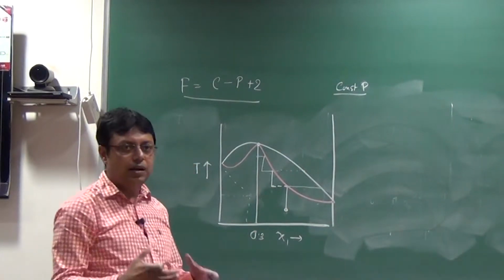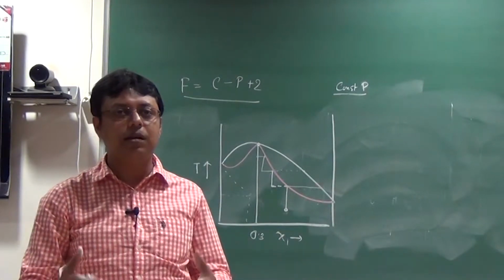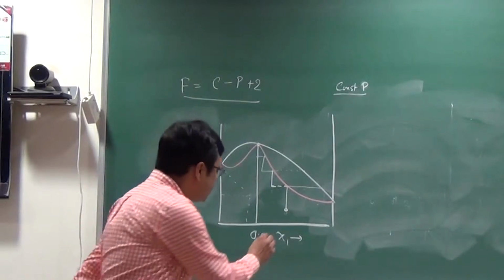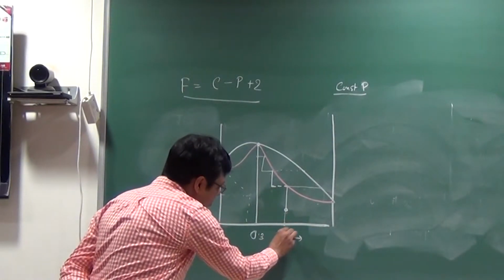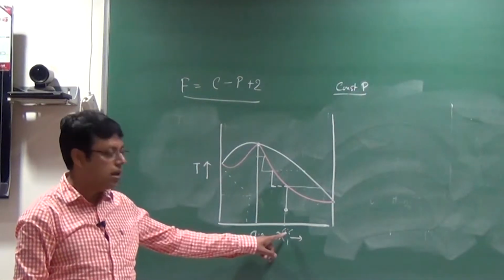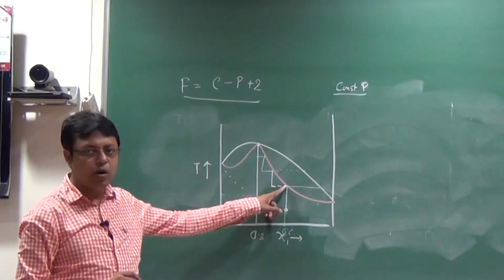Suppose I started with, let's say, 0.6, the mixture where I had 60% 1 and 40% 2. And I boiled it.